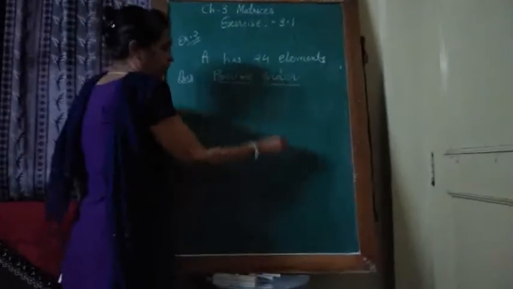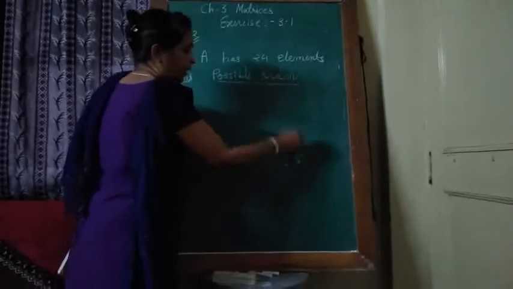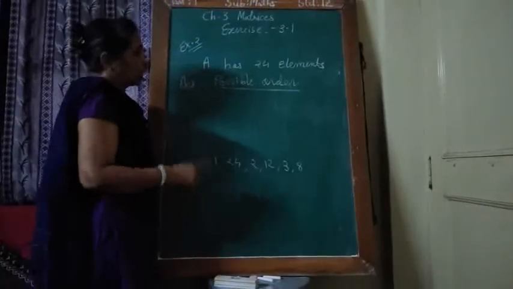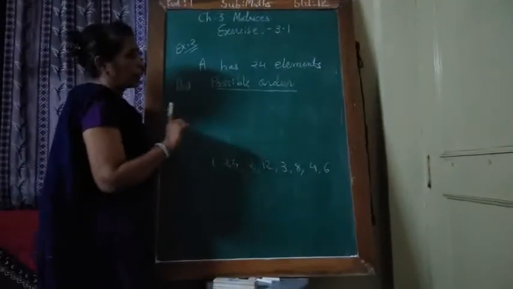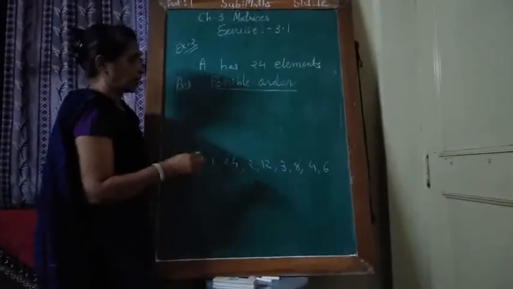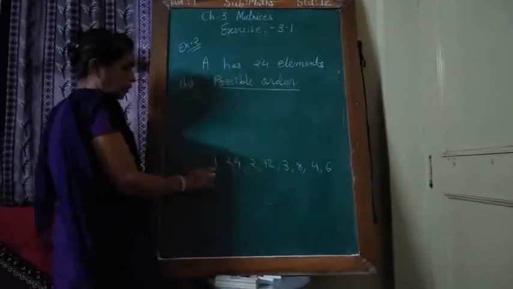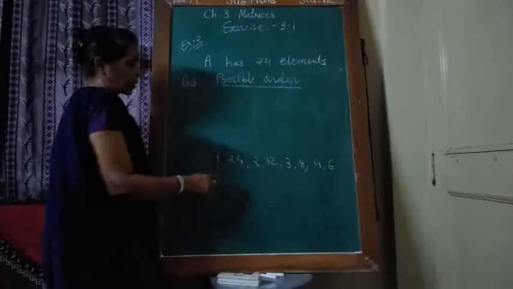This number is also divisible by 3, so 3 eights are 24. So 3 and 8 are also factors of 24. This number is divisible by 4, so 4 sixes are 24. Clear? Not divisible by 5. 6 fours are 24, yes, it is the reverse process. So if you know the factors, then you can write all possible orders.